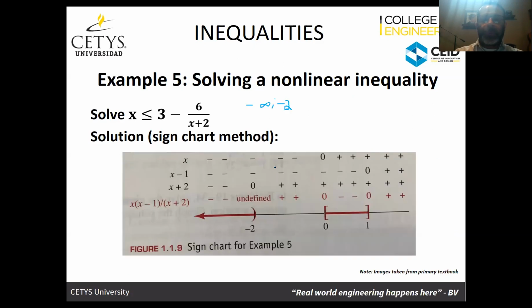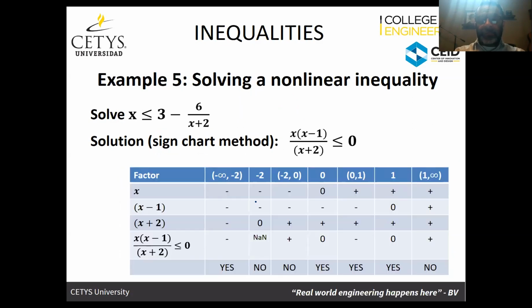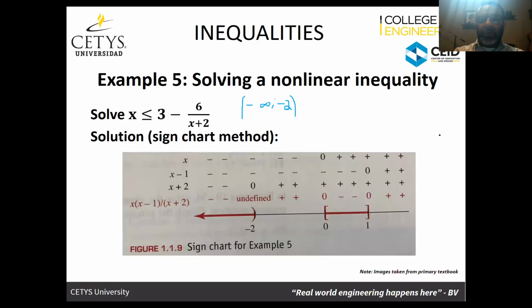And the infinite is always going to be open. The next interval is from 0 to 1. And notice that the 0 is included and the 1 is included. So this means that this would be joined with the closed interval from 0 to 1.